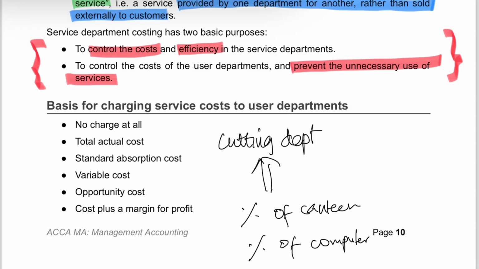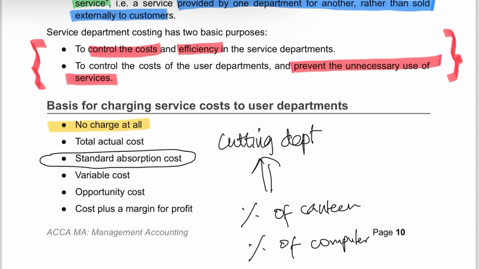So there can be different bases. So one is, as you learned, absorption costing could be used, maybe based on actual cost incurred. So if, for an example, the canteen can have actual amount of cost incurred due to a particular department, that can be included. Sometimes there isn't any charge at all, but this is not recommended because this doesn't hold for accountability.